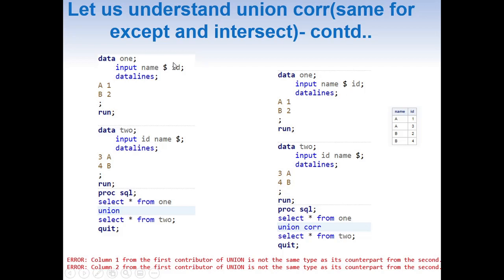Here again the same data sets, and the variable names are at different places, but the names do match. So what happens is, it picks up the variable names from the first data set and gives the results as shown in here. This is very useful whenever you have different data sets where the variables are not at the same position, but variable names are same.